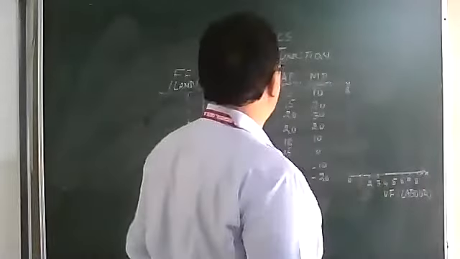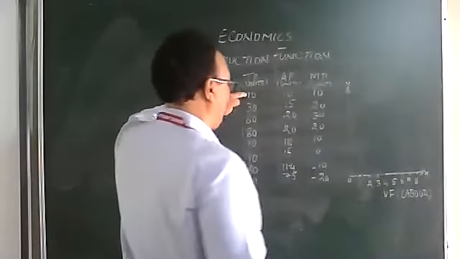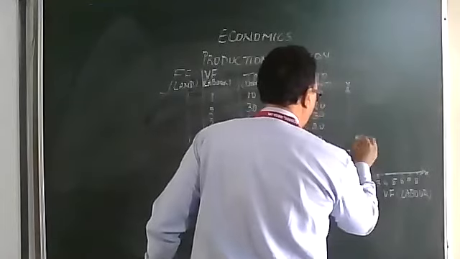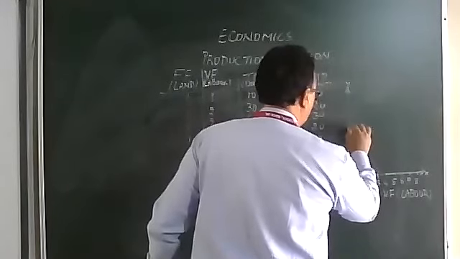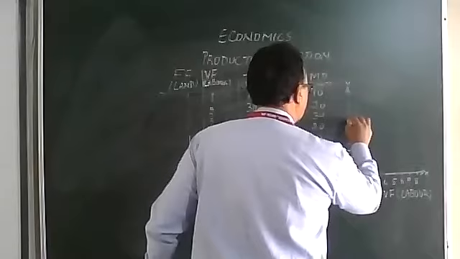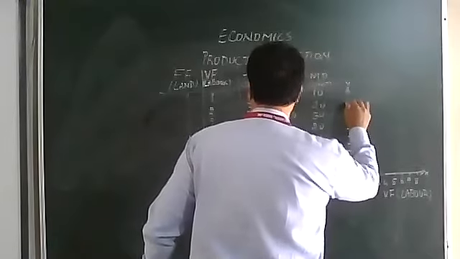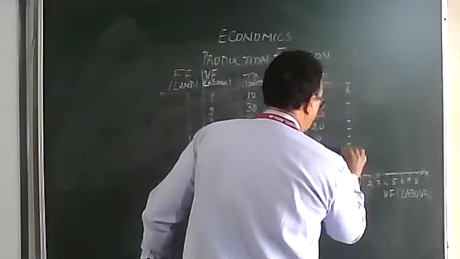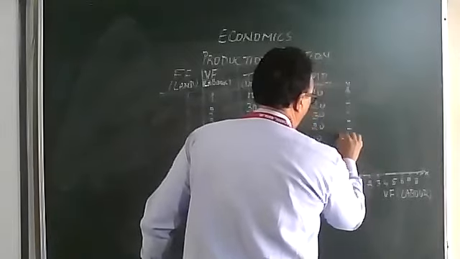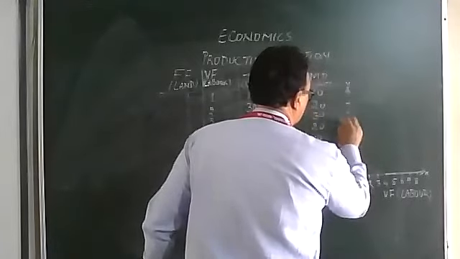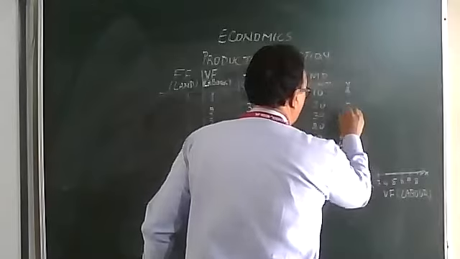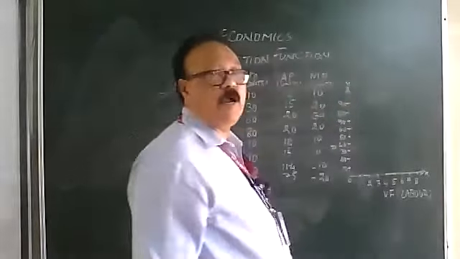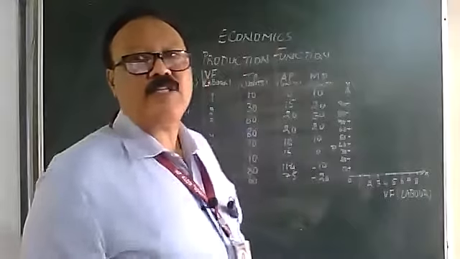And on the y-axis we will take TP: 10, 20, 30, 40, 50, 60, 70, 80, maximum is 90. So what are we taking on the y-axis? We are taking TP. Now let us plot it.